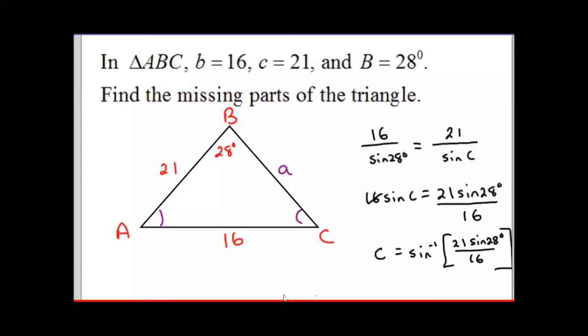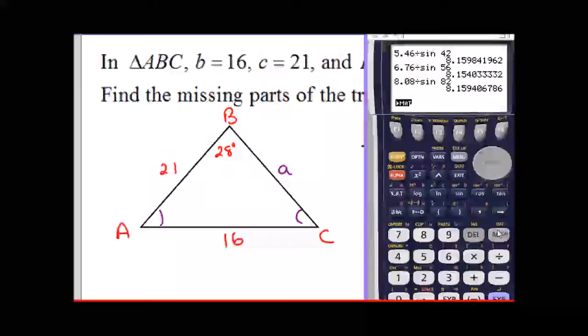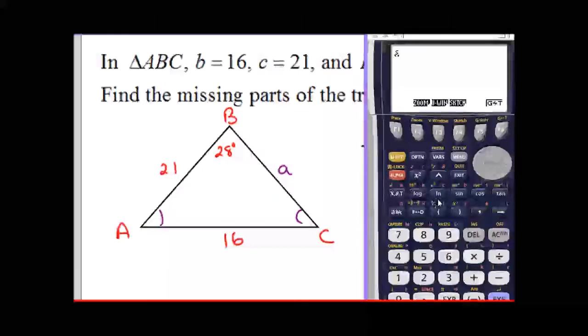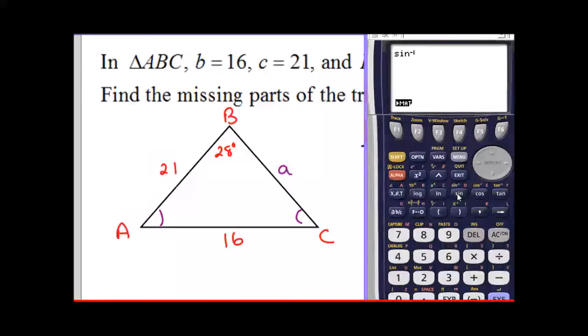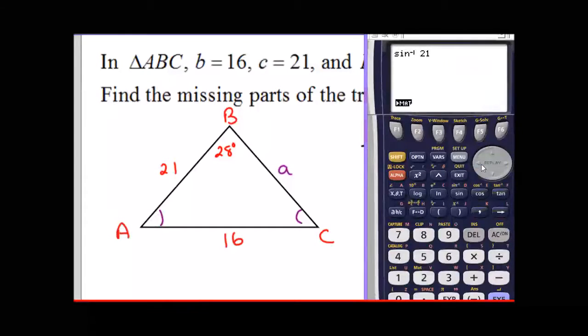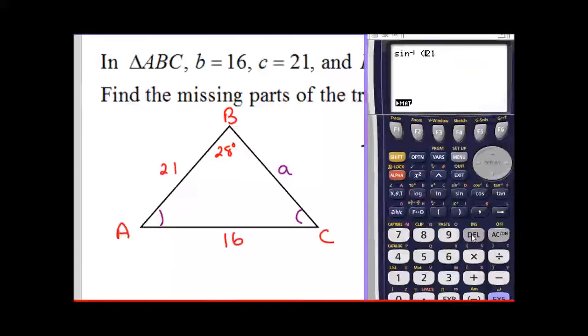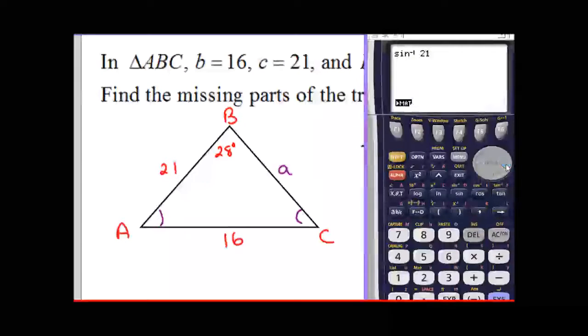So I'm going to set this up here. I'm going to go inverse sine. Then I've got to do 21. Oops, I'm going to have to put this in parentheses also, or else it will do the inverse sine of 21 first. Let's say I forgot my parentheses.